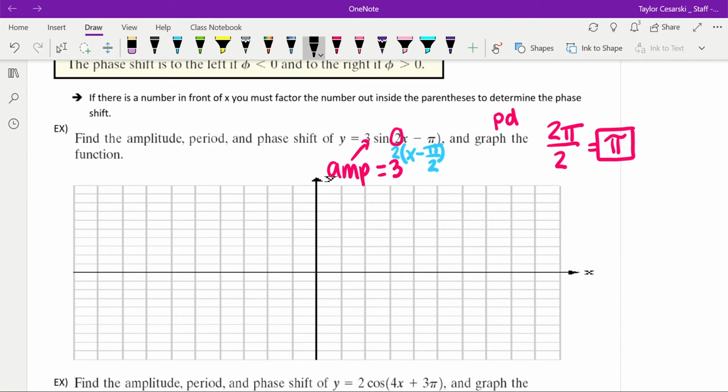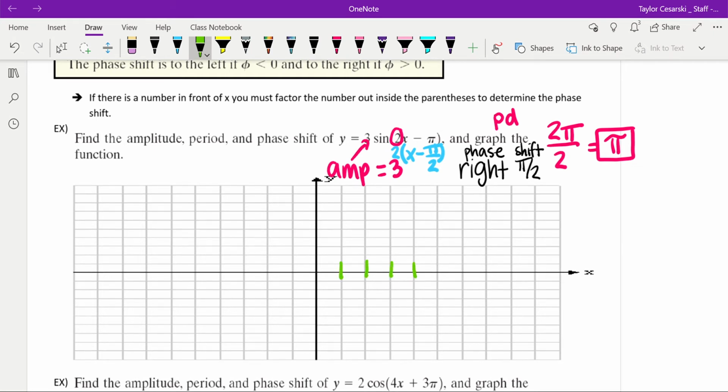This is minus, so that means it's going to go right pi over 2, and that's what we call our phase shift. Phase shift is just left or right. Again, make sure if you have a number in front of your x that you factor that out. Okay, now let's go ahead and graph it.